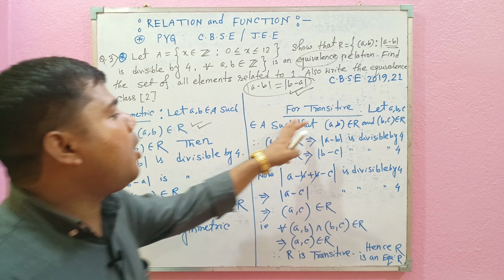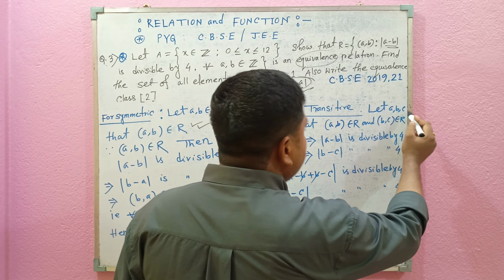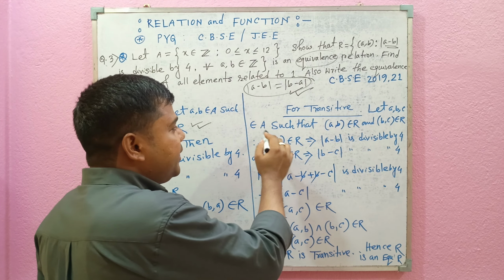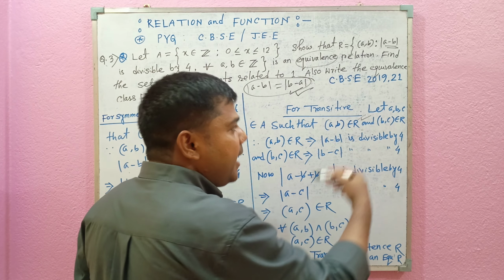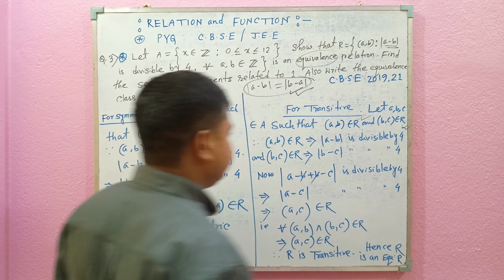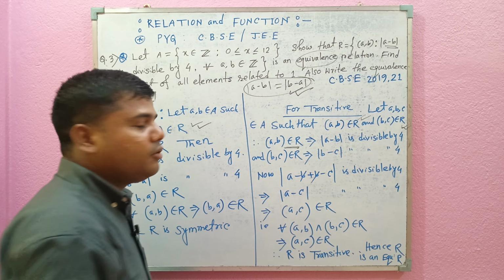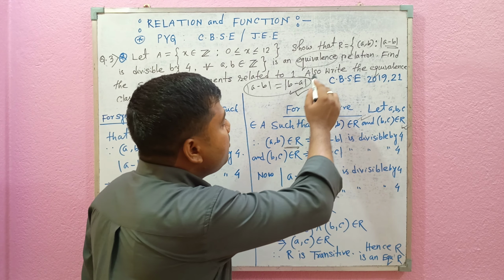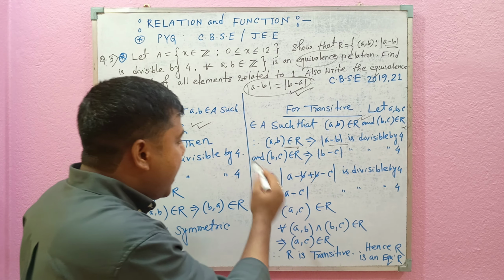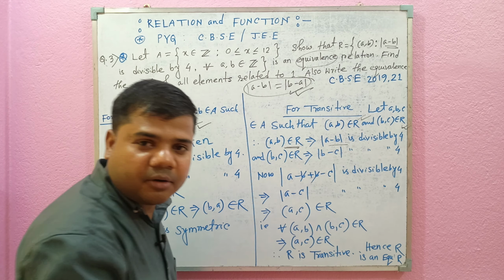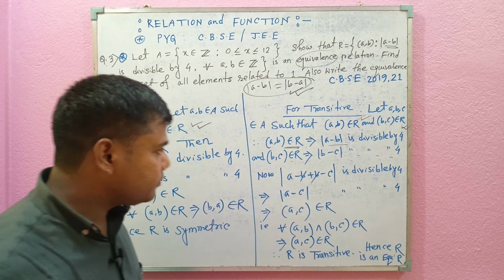Okay. For transitive, suppose that a, b, c belongs to the set A such that (a, b) belongs to R and (b, c) belongs to R. Since (a, b) belongs to R, modulus a minus b is divisible by 4, and (b, c) belongs to R, so modulus b minus c is divisible by 4.